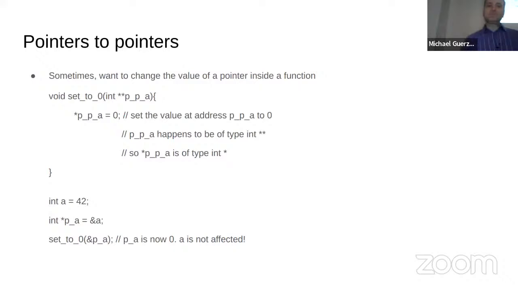All right. So set to 0 works exactly the same as a function like the swap function, and the set to 0 for integers that we had. The only thing is it gets the address of a variable of type int star. And then same thing, go to that address, set the value to 0.